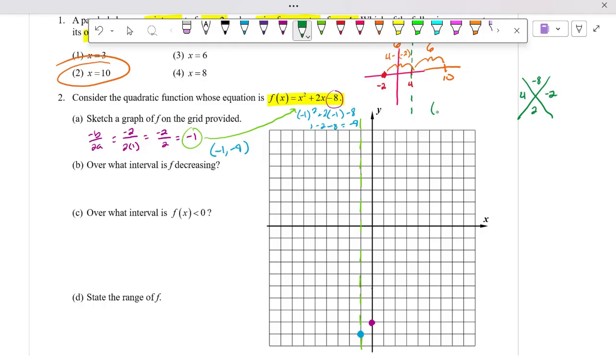So if I go ahead and factor it, because a value is 1, there's a shortcut. So this will be x plus 4, x minus 2. If I set both of these equal to 0, what would I get for my x values? -4, +2. And that's exactly where my x-intercepts are at. So it's at -4, 1, 2, 3, 4, and +2.